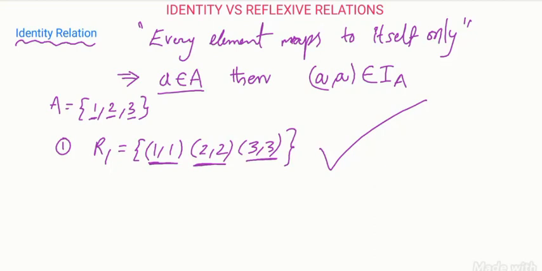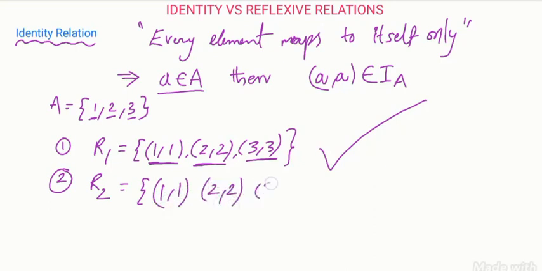It should not contain other elements. Second one, R2, I am taking one more example. R2 contains (1,1), (2,2), (3,3) and (1,2). So is it an identity relation?